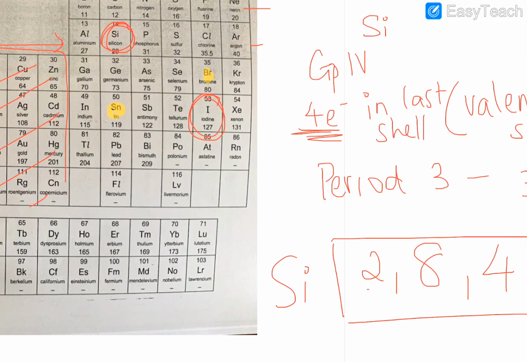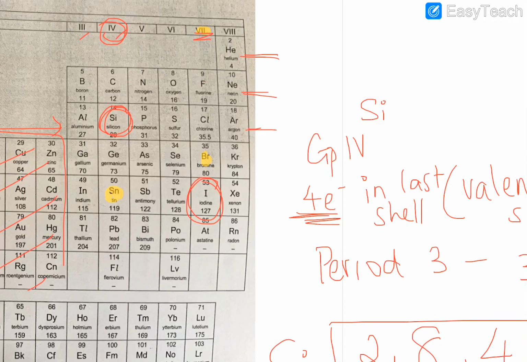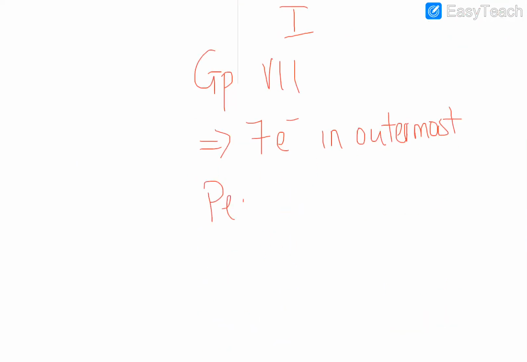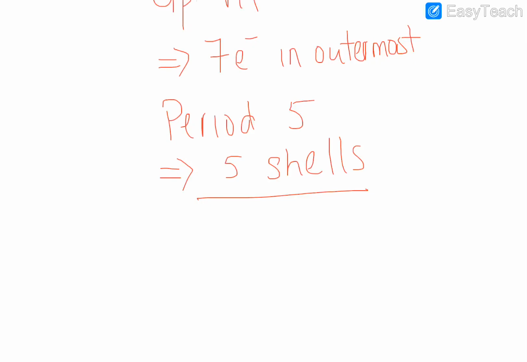Now it is in period 1, 2, 3, 4, 5. So period 5, which means there should be 5 shells in all. We don't know how many electrons fit in the 4th shell.